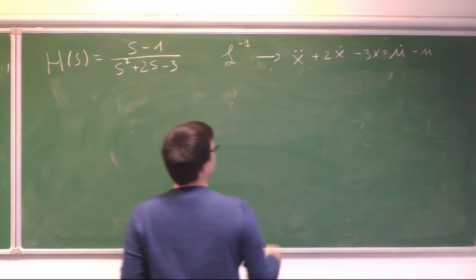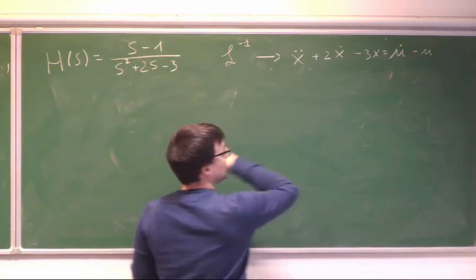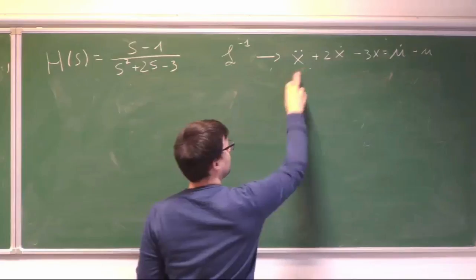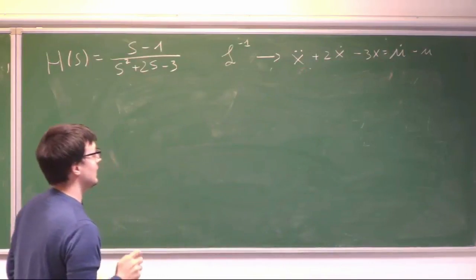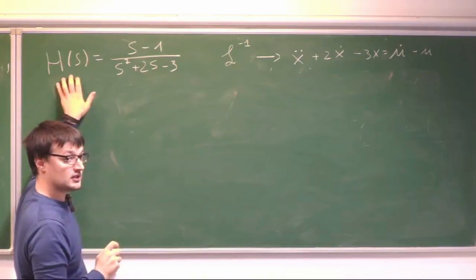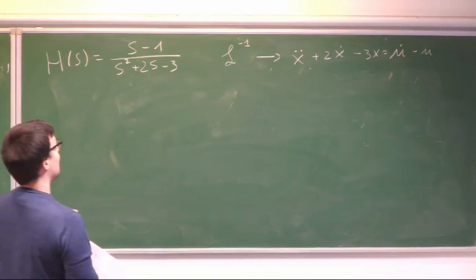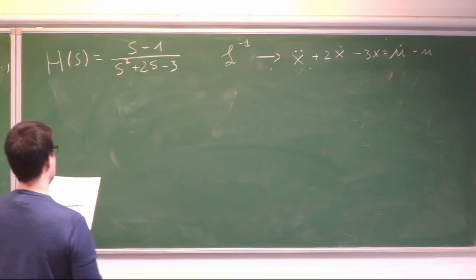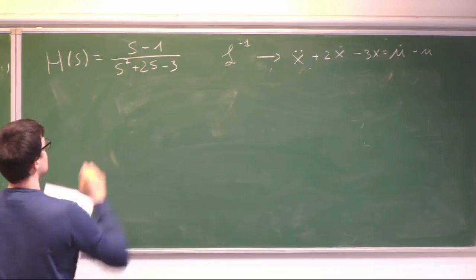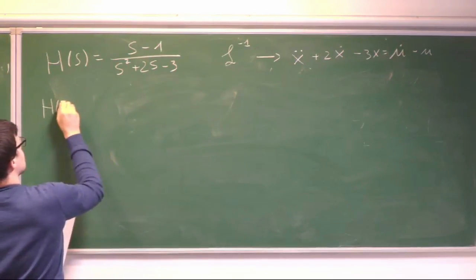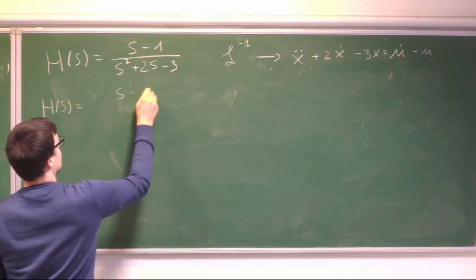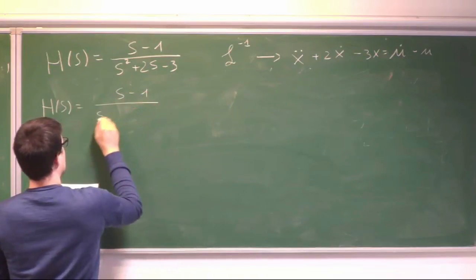So if we compute the Laplace transform of this differential equation, we will obtain an input-output transfer function that is the following. Let's analyze better this transfer function, and we see that H of s can be written as (s minus 1)(s plus 3) over (s minus 1).